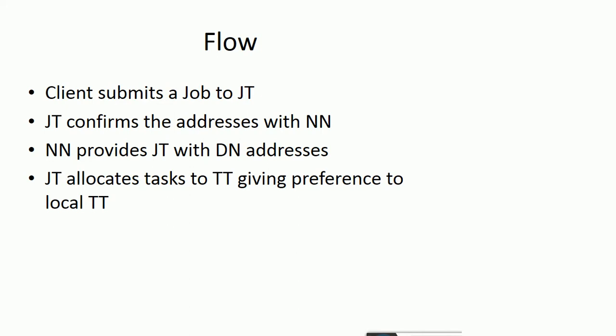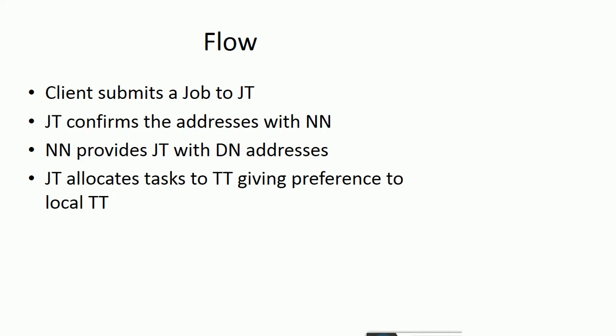Again at high level, understand this thing. When 3 task trackers are working in parallel on 3 different nodes, that is your map phase. As soon as they produce some output, that is the output of the map phase. And then your second phase will start, and that is the reduce phase.